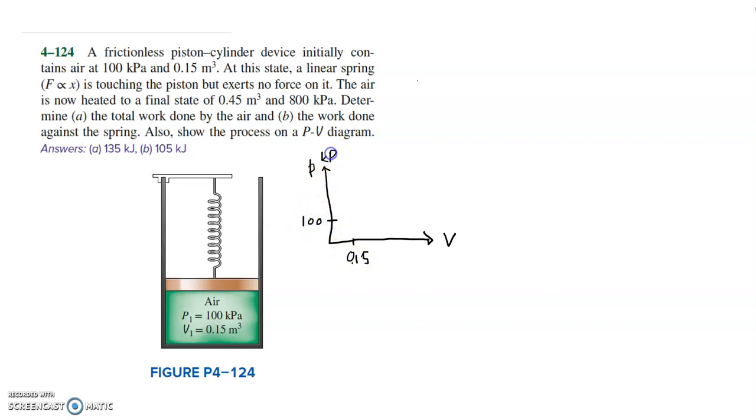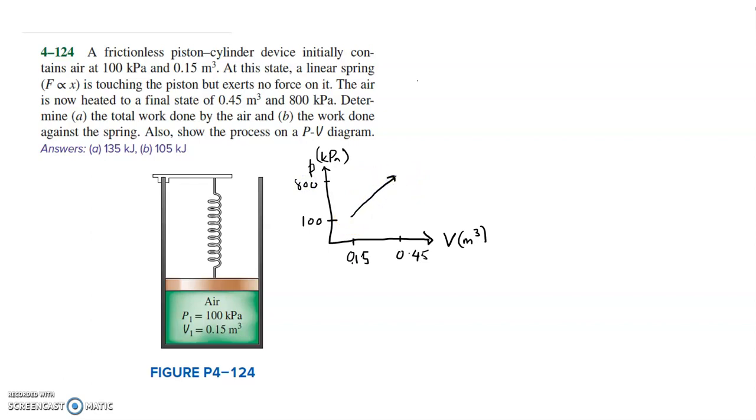This is kPa, this is meter cube. So this is your first state. Second, the final state is 0.45 and 800 kPa. So it's like this.